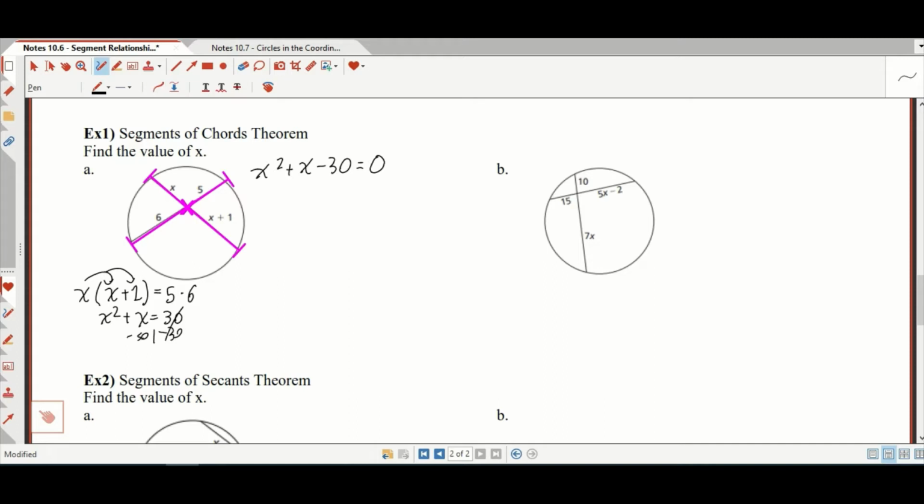What multiplies to negative 30 and adds up to 1? I can factor that to x minus 5 times x plus 6, because negative 5 times 6 is negative 30, and negative 5 plus 6 is positive 1, which means x equals 5 or x equals negative 6.